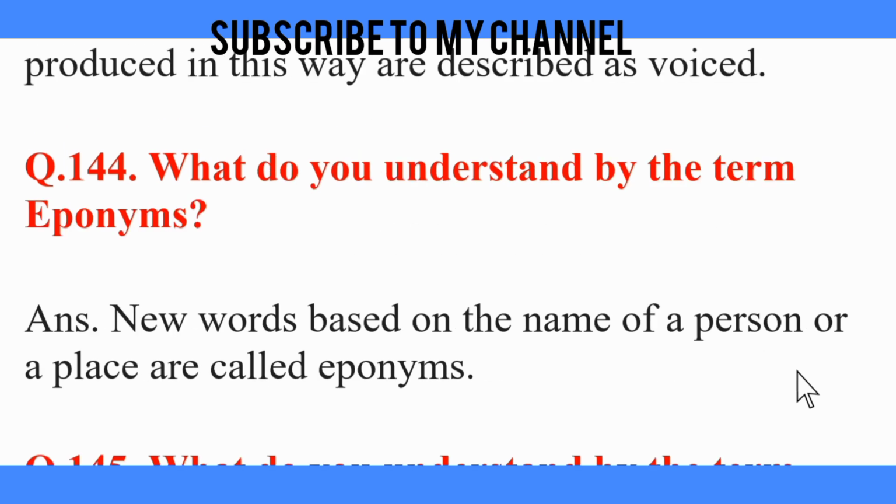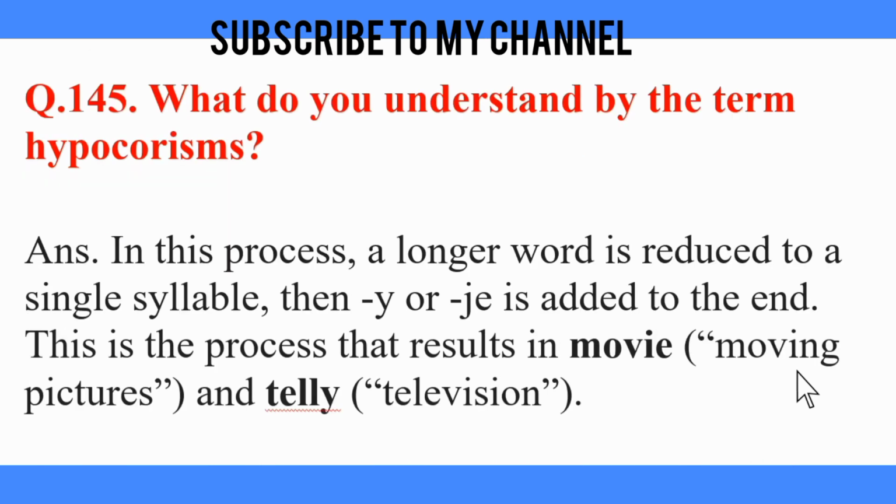What do you understand by the term eponyms? New words based on the name of a person or a place are called eponyms. In this process, a longer word is reduced to a single syllable, then y or ie is added to the end. This is the process that results in words like movies and telly.